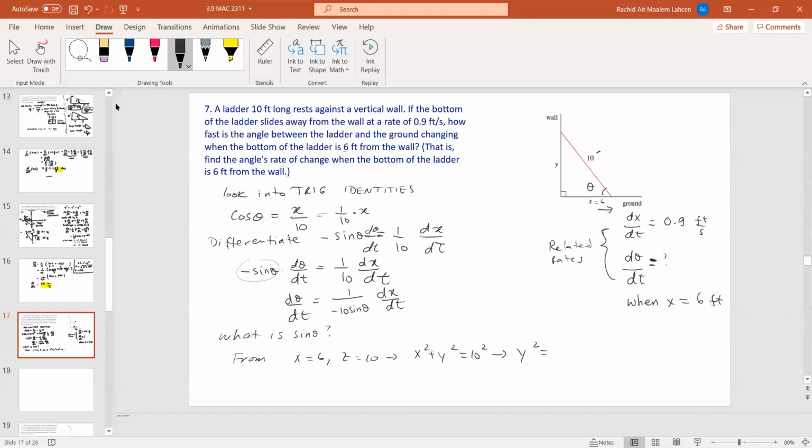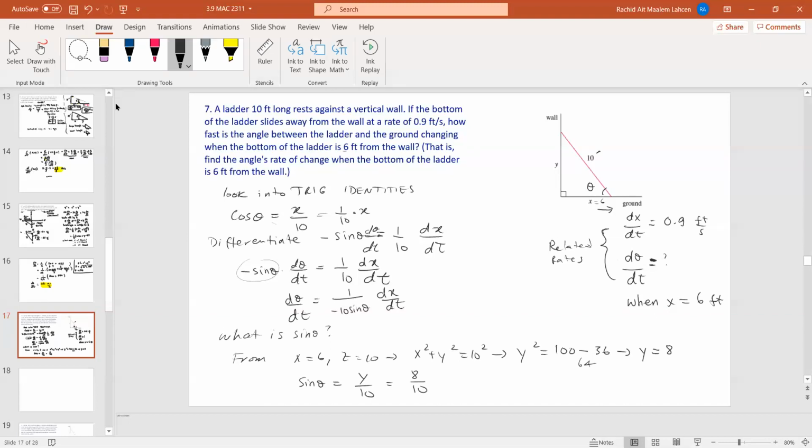So y squared equals 100 minus 36. All right, so y is the square root of 64, which is 8. So the sine theta, which is y over 10, is 8 over 10.